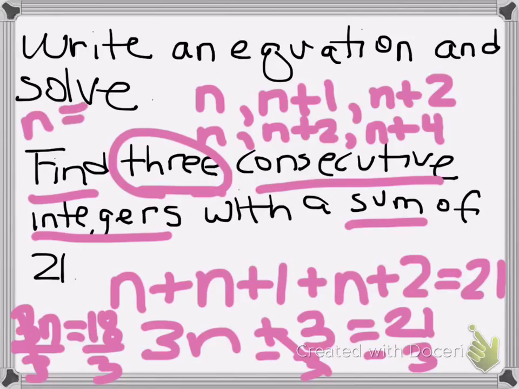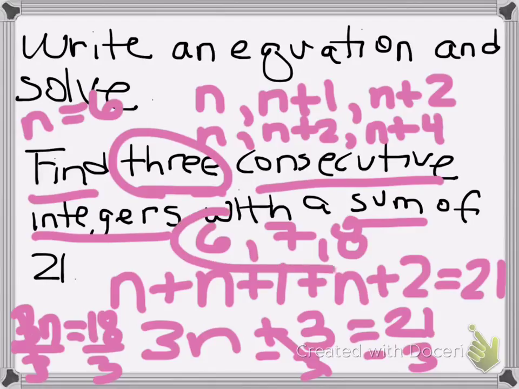So n would be 6. So my 3 consecutive integers would be 6, 6 plus 1, or 7, and then 6 plus 2, or 8. So 6, 7, and 8, because I would plug in what I found for n in my equation, and that would give me my integers. And that concludes lesson 2-3.